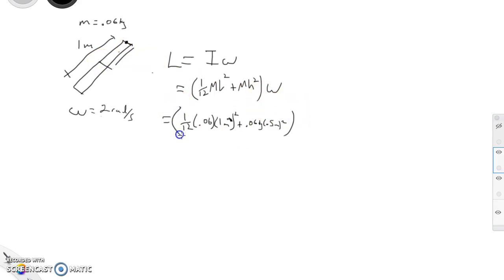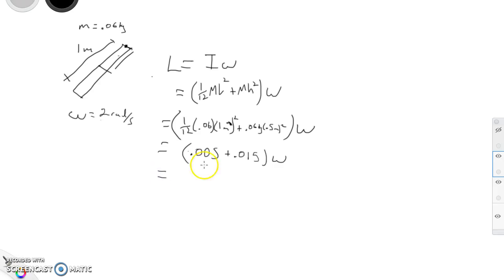And that's all times omega. So we punch it in, and we get a moment of inertia of about 0.02 kilogram meters squared times 2 radians per second. So this is going to give us 0.04 kilogram meters squared per second for our angular momentum.